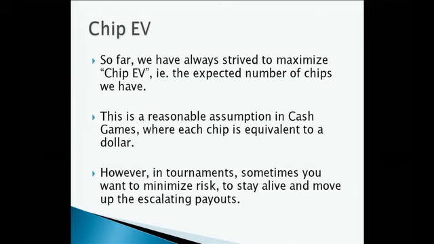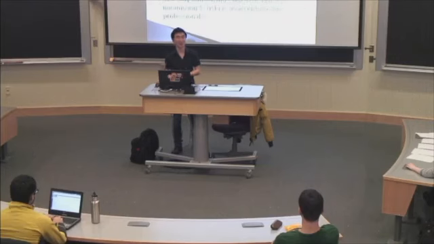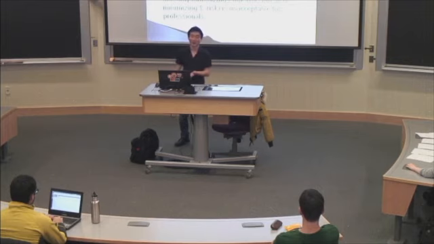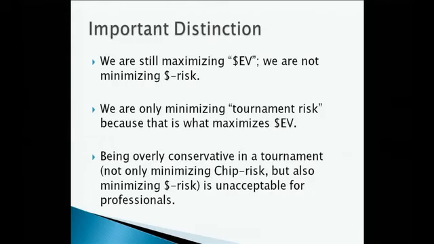So this is the idea of minimizing risk to stay alive and move up the escalating payouts. I want to make an important distinction, though. When I say we're still trying to maximize our expected amount of money, and that you should be minimizing your risk in a tournament so that you can move up the payouts, that's different than saying you should minimize your monetary risk.